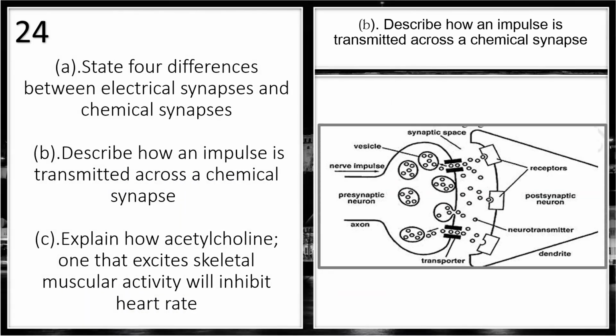Part B. Describe how an impulse is transmitted across a chemical synapse.